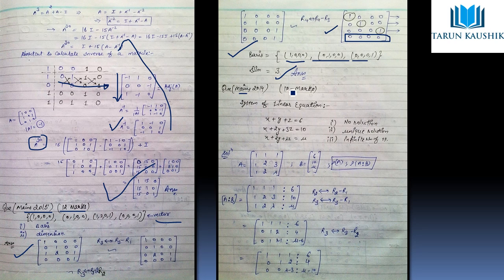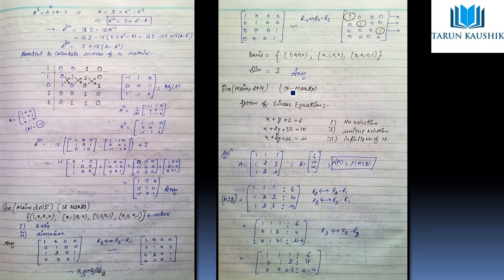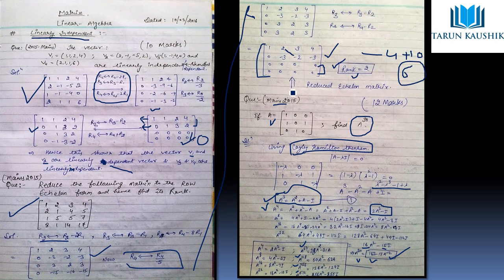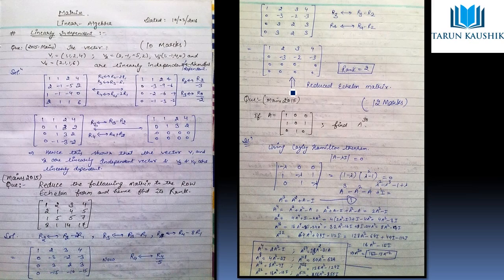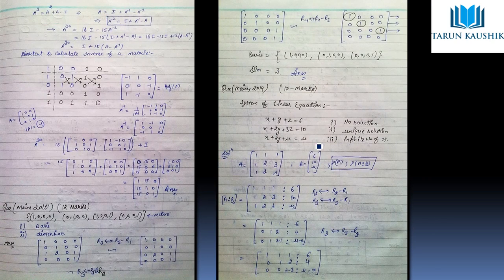Up to now, have you noticed that we have covered many topics? In the first we solved linearly dependent and linearly independent. In the second we did the topic of echelon form and how to calculate the rank. Next we solved the Cayley-Hamilton theorem. Next we calculated the basis and dimension.